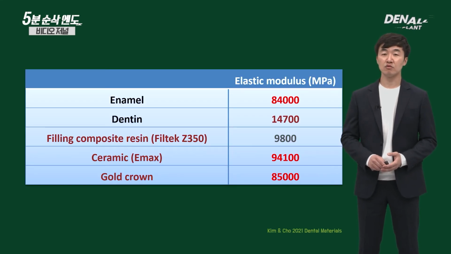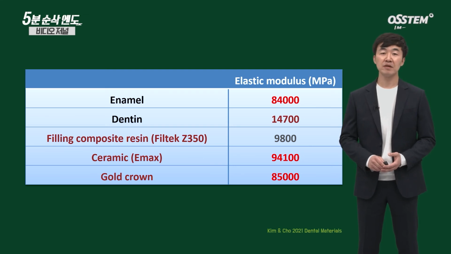Different types of physical property was provided to different restorations. I wanted to look at elastic modulus in particular. This not only helps us in understanding the study results, but if you refer to it, it'll be very meaningful when you provide the restorative treatment. Elastic modulus reflects the level of elasticity, and the higher it gets more stiff, and lower it gets, it becomes more elastic and soft.